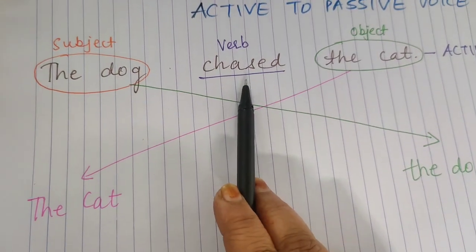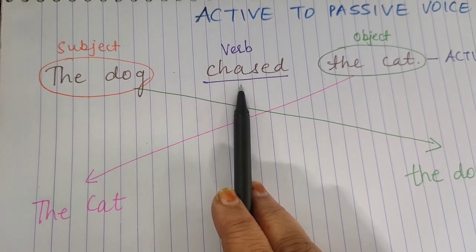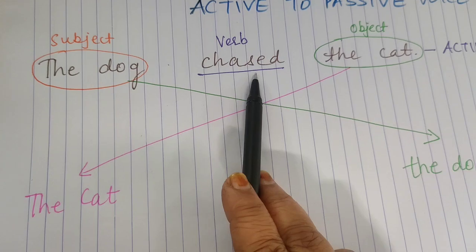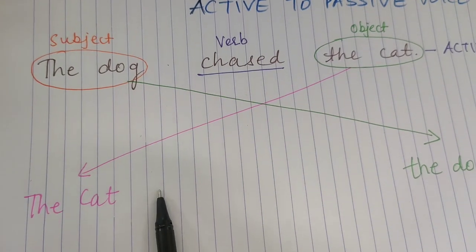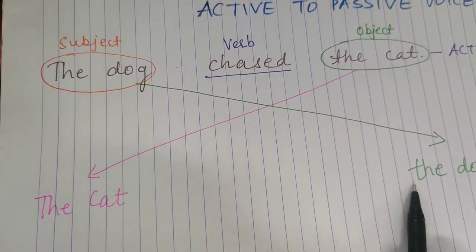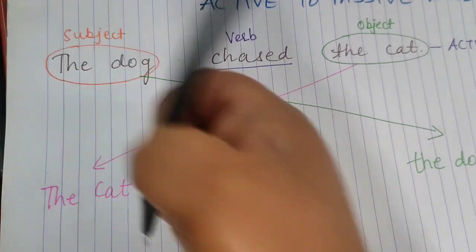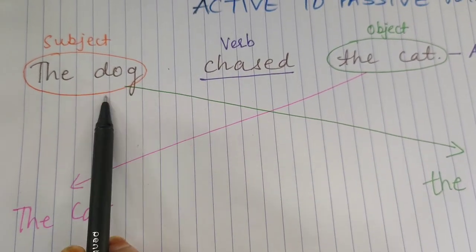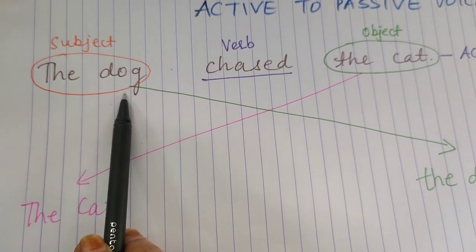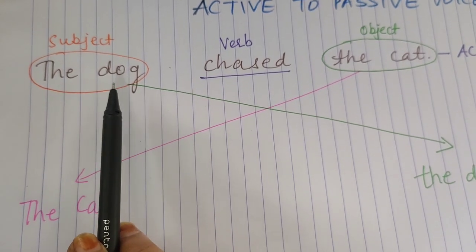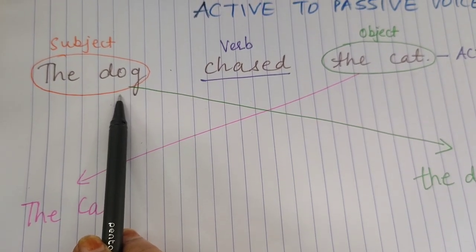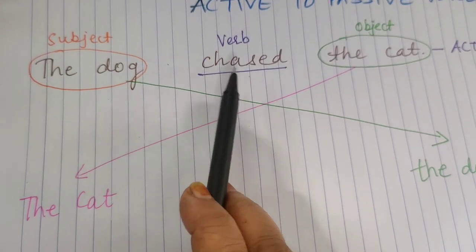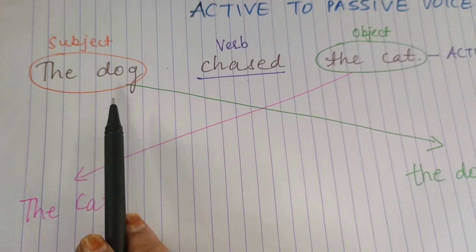After that, now if you see, children, as you can see, this verb over here is in past tense. So what we need to do, we need to convert it into the passive voice. For this purpose, as you know, we have talked about tenses quite a lot. You know, dog over here is a singular noun and the helping verb to be used here would be, if you remember, in past tense, what is used for a singular noun, dear?